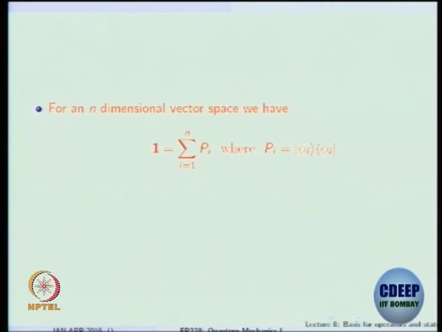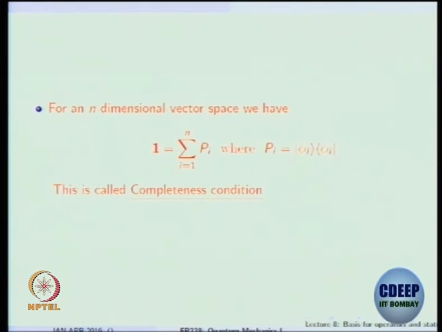Okay. So, for an n dimensional vector space, you could write n projection operators, and the sum of those projection operators will turn out to be 1. If it is not 1, what does it mean? Suppose it is not 1. Excellent.